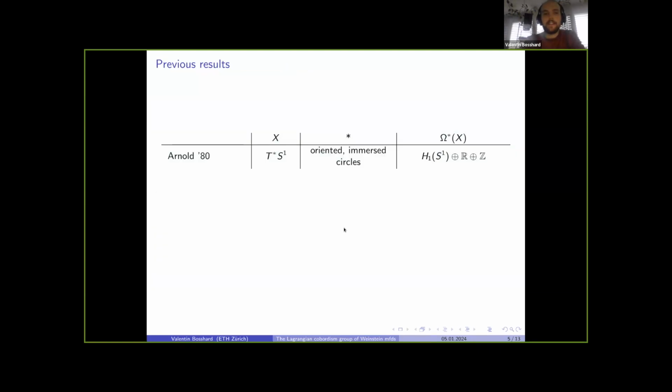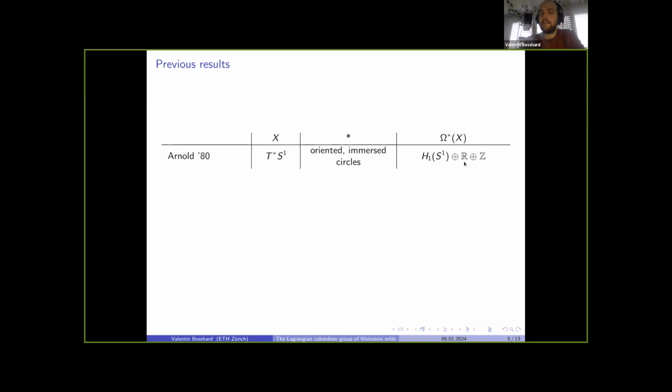So there were already previous computations of these Lagrangian cobordism groups. I'll just mention some of those. Arnold already, when he defined them, computed one for the plane and also for T*S^1. He looked at basically all compact Lagrangian submanifolds, so immersed circles, also equipped with orientation. And what you get is you associate to the circle its homology class.